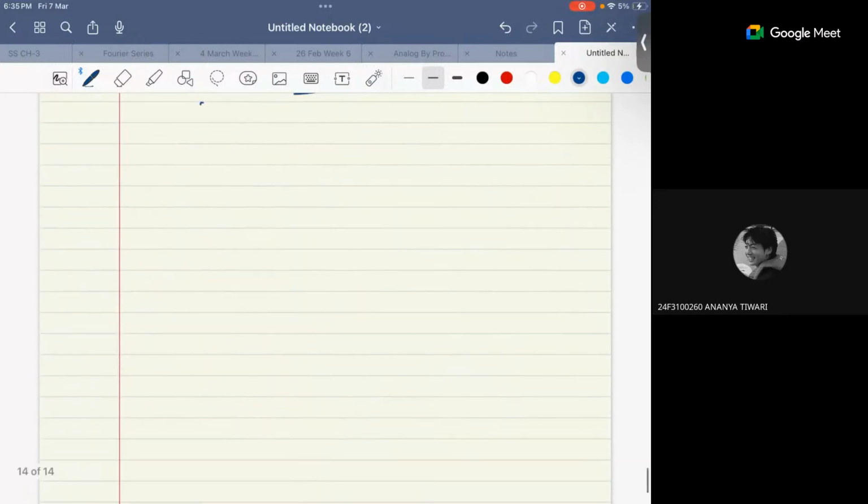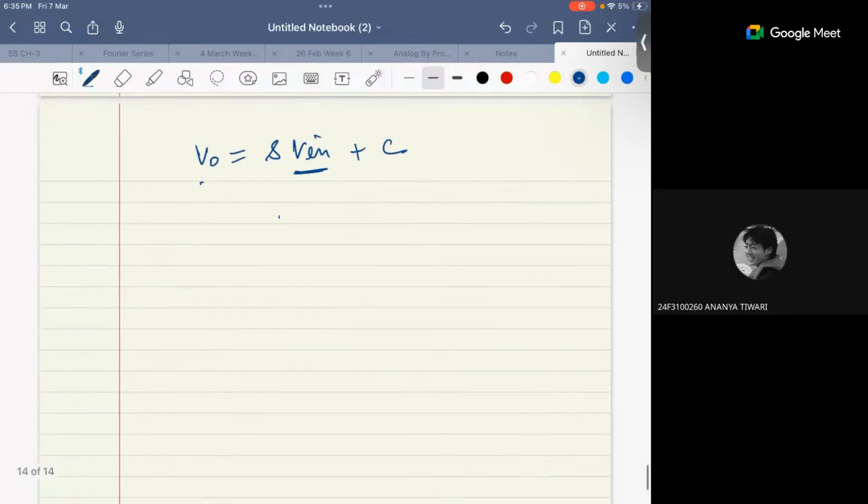Now if you want to write the transfer function, so in the starting, what happens? Let's say this is V naught and this is V input.